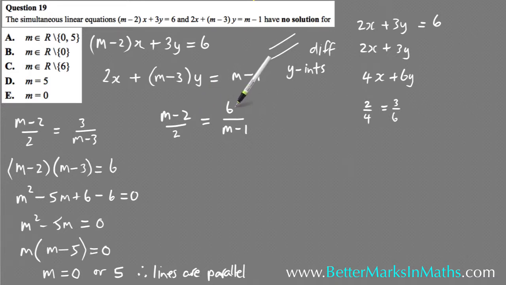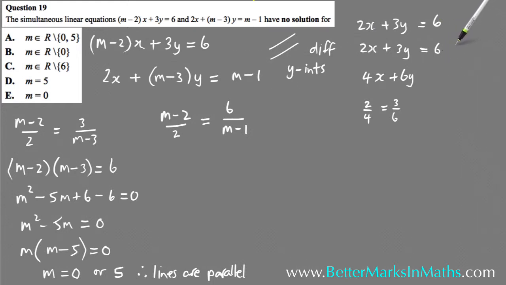So when you let them equal each other, you are saying the y-intercepts are the same. For these two equations, let's suppose that one was equal to 6 also. The ratio would be 2 over 2 is equal to 6 over 6, so 1 equals 1.